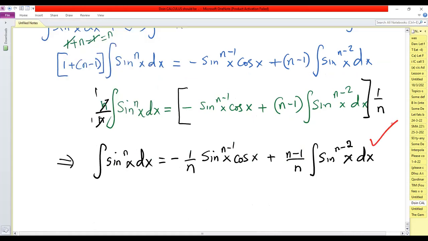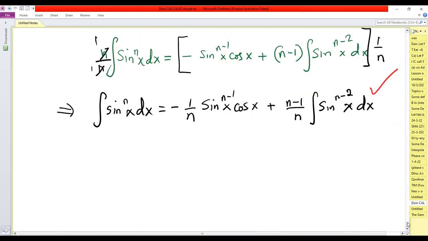Now, the next step is to use it to find the value of the integral of sine power 4 x dx. So for the integral of sine power 4 x dx, here n is 4.